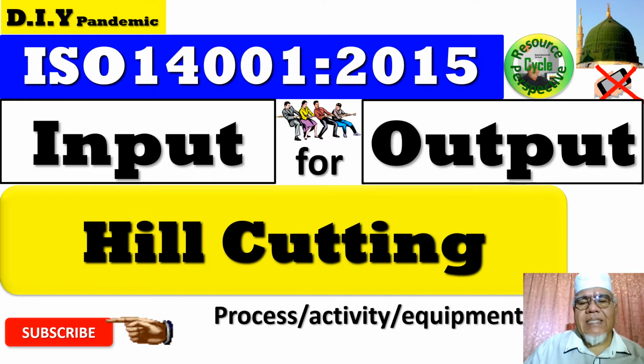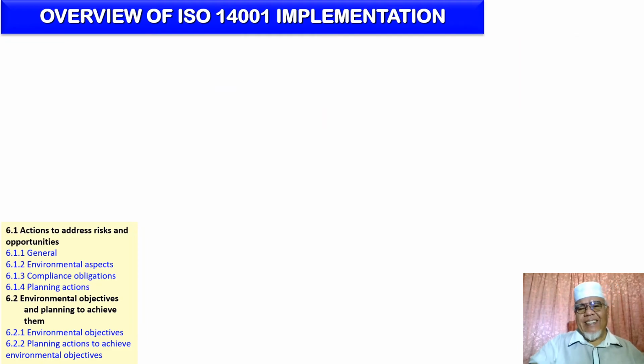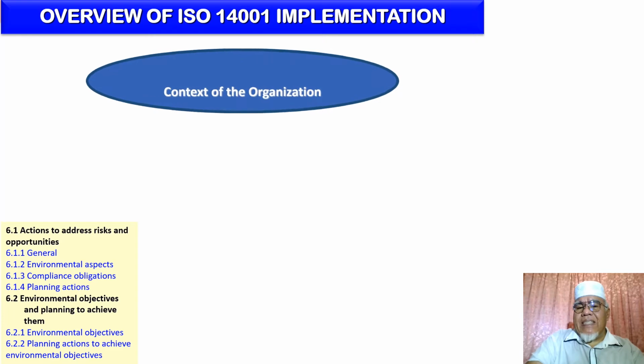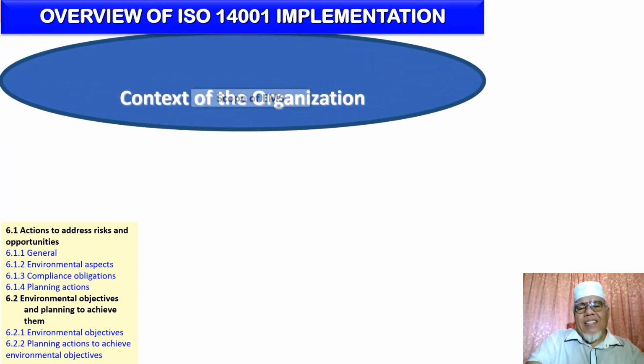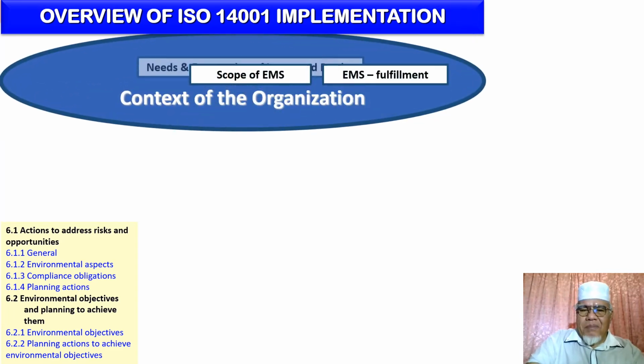Why is this process important? Because remember, environmental management system is about what? Environmental management system is about managing environmental aspects.